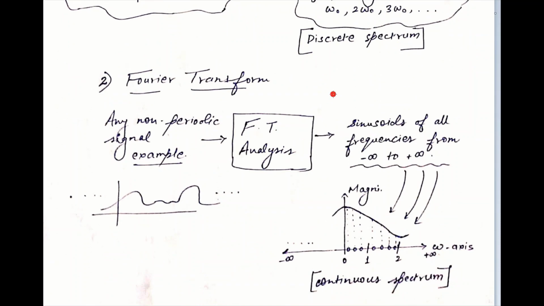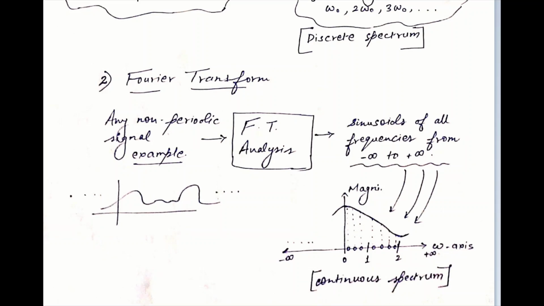Now let us talk about Fourier transform. Fourier transform is applicable to non-periodic signals, and again, whatever signal you think of, it should not have infinite magnitude at any point of time. For example, I take this signal, and when I do Fourier transform analysis of this signal, I again get sinusoidal signals, but this time the frequencies are not discrete, they are not integer multiples, they can be any value.